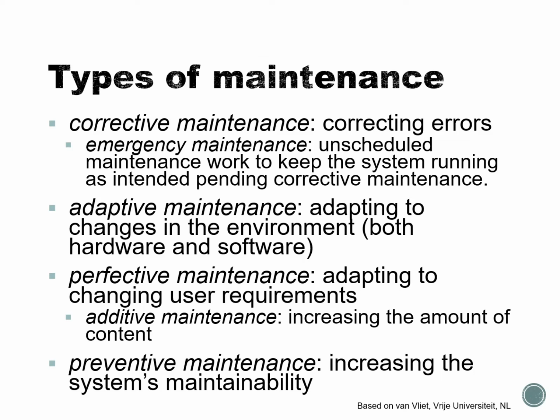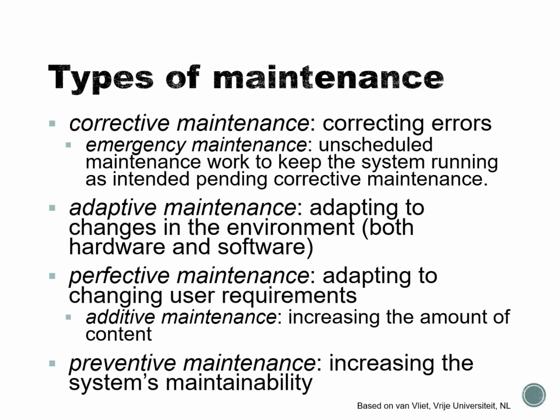There are a couple of different things we want to achieve with the maintenance. These are just high-level classifications trying to explain that not everything is always the same. So we do corrective maintenance; we try to fix the errors. We do emergency maintenance, which is the bubblegum fixes to keep the thing running with no money and no budget.